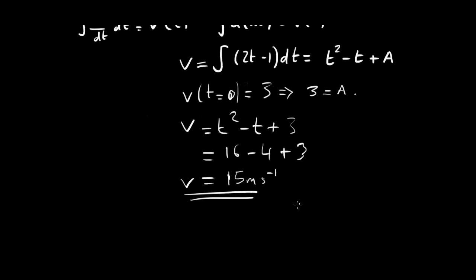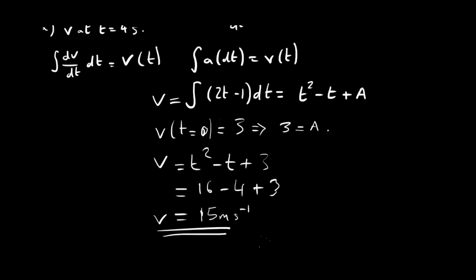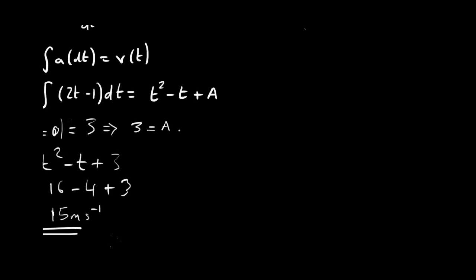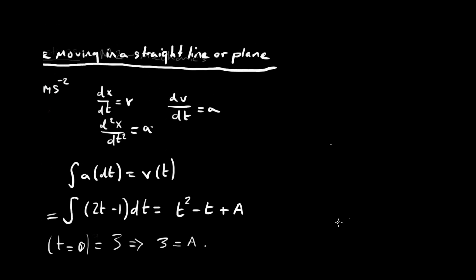Now that was part A, and in part B they ask us to calculate the distance of the particle from O after t seconds. So this is the same exercise we just did, but with displacement instead of velocity. We've already converted acceleration to velocity, and now we need to convert from velocity to displacement.